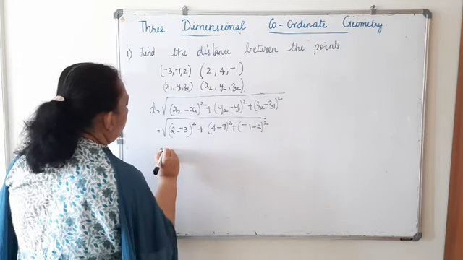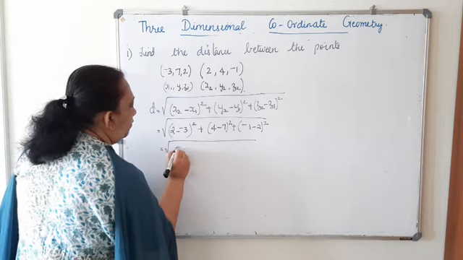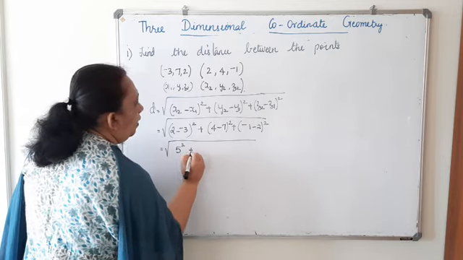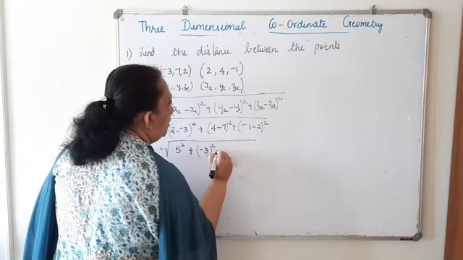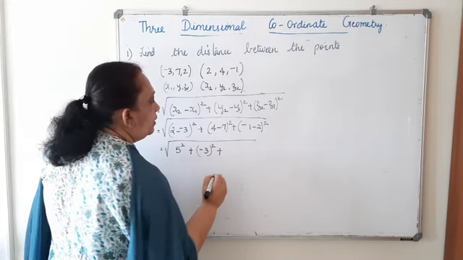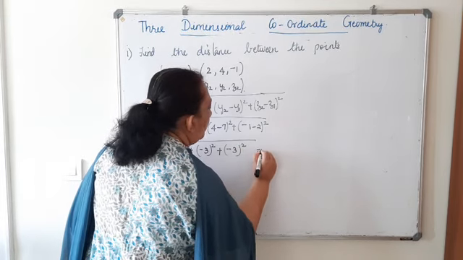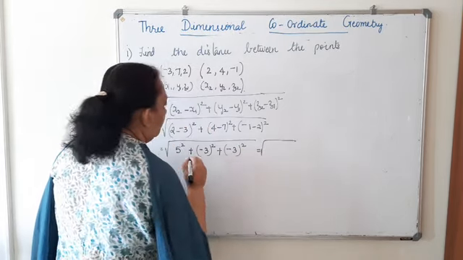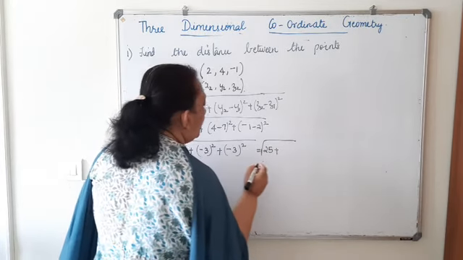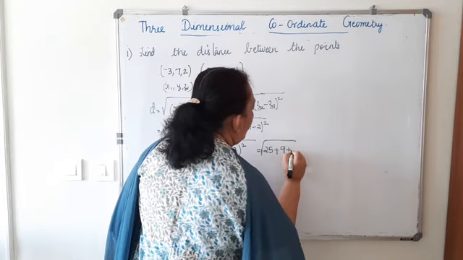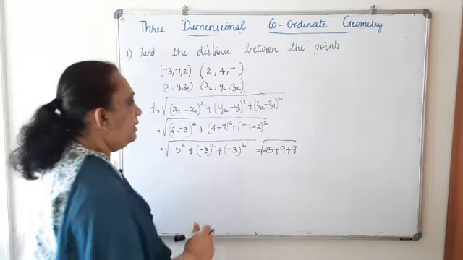This is root of 2 minus 3 is minus 1... 5 squared is 25 plus minus 3 the whole squared is 9 plus minus 3 the whole squared is 9. 9 plus 9 is 18.